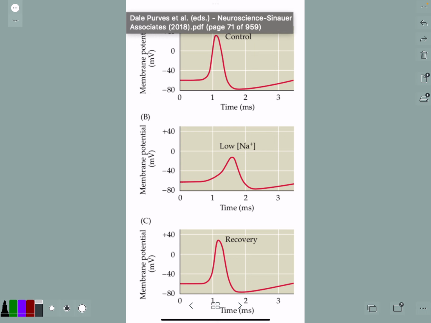And they suspected that sodium was the ion responsible for the membrane potential during the action potential.